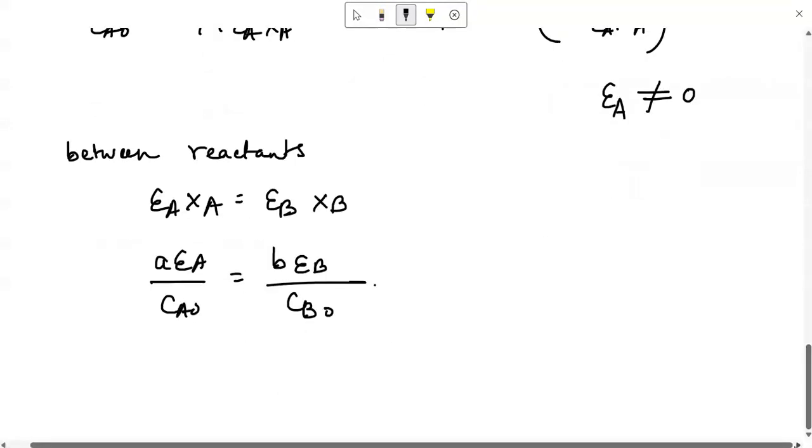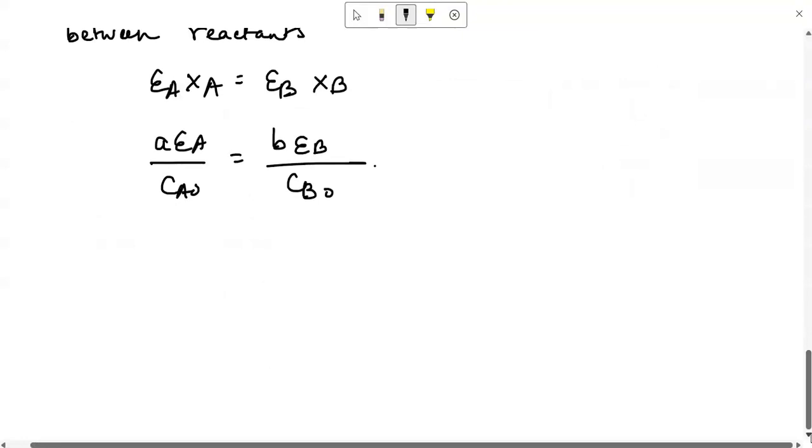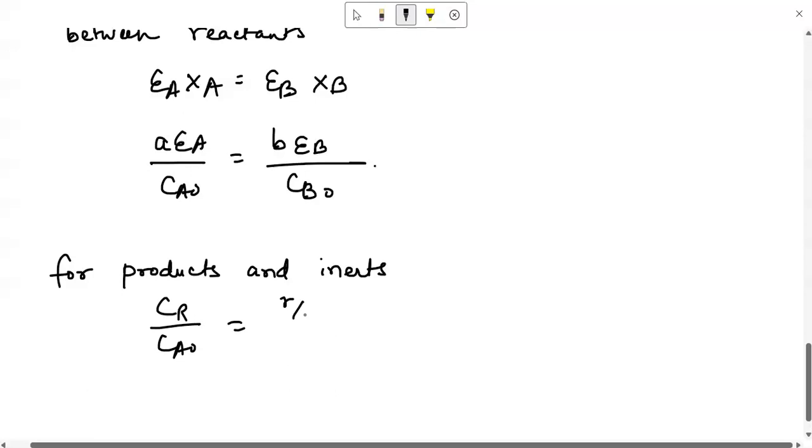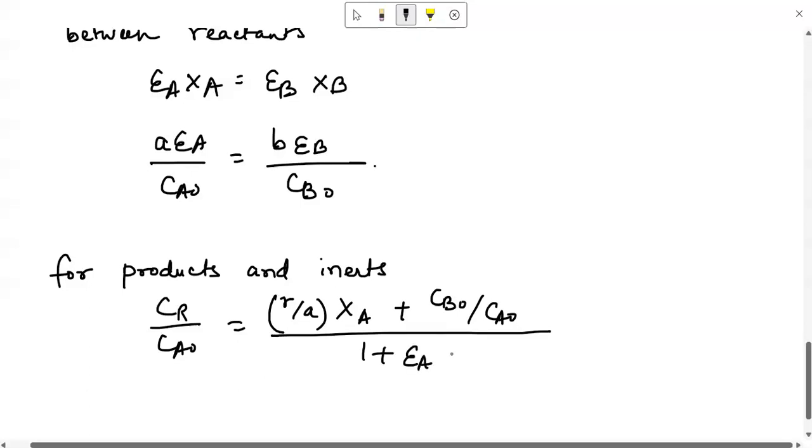When you want to relate products and inerts, for products, product is R and inerts is denoted by I in that general equation we discussed. So in that case, Cr by Ca naught equals R by A Xa plus Cb0 by Ca0 divided by 1 plus epsilon A Xa.